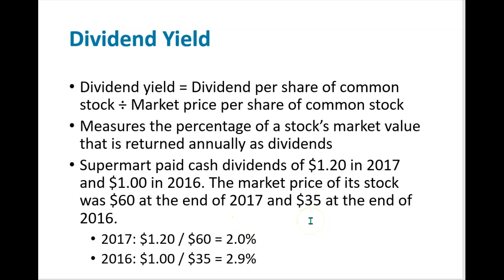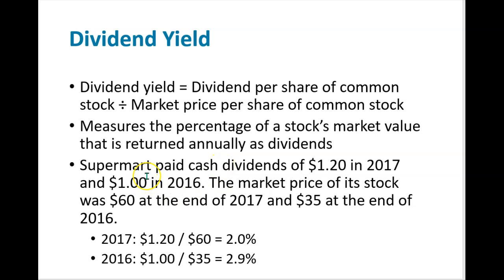For dividend yield, this is the dividends per share of common stock divided by the market price per share. That tells you what percentage of a stock's market value is returned every year as dividends.